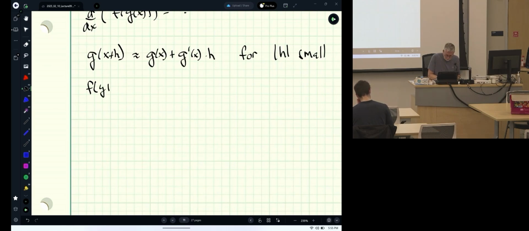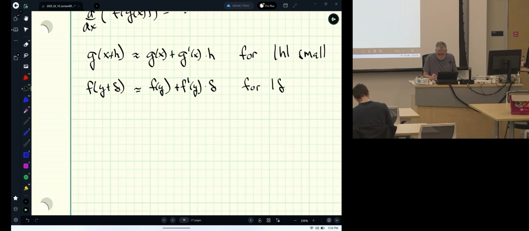F at y plus delta is f at the point y plus f prime at y times delta. Okay, so these are just the linear approximations.